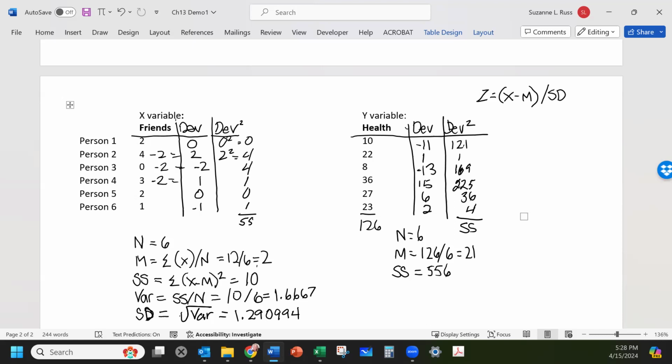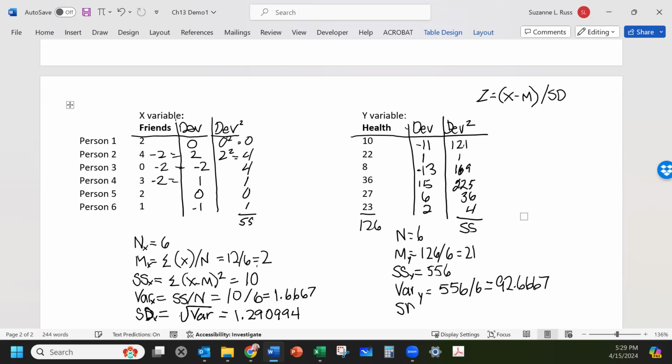556. You can see I'm not rewriting the formulas because I already wrote them here, but we can do one thing to help make things clear. We can put these little x's and y's here: the variance for x, the standard deviation for x, the mean for y, the sum of squares for y. The variance for y is 556 divided by 6, which equals 92.6667.